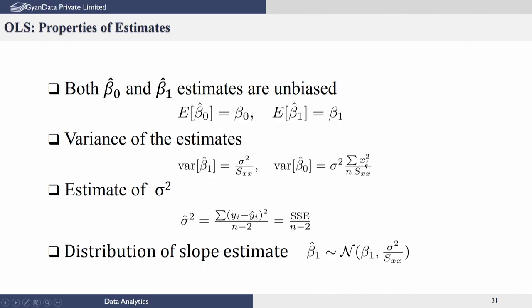The numerator is the sum of squared values of all the independent variables, while the denominator represents the variance of the independent variable. In this, the Sxx can be computed from data, the sum of xi squared can be computed from data, but we may or may not have knowledge about the variance of the error which corrupts the dependent variable.